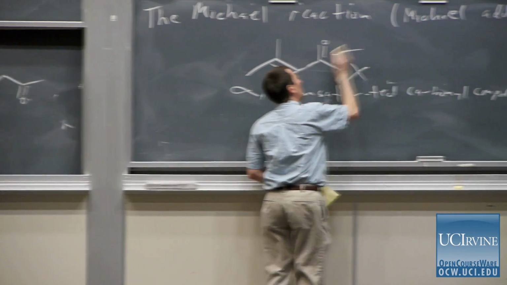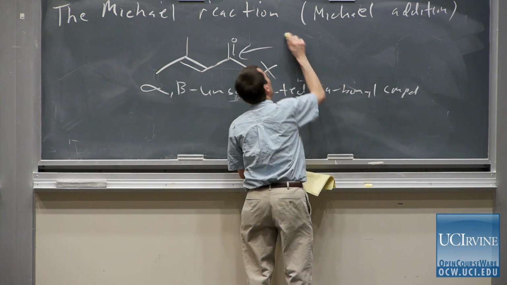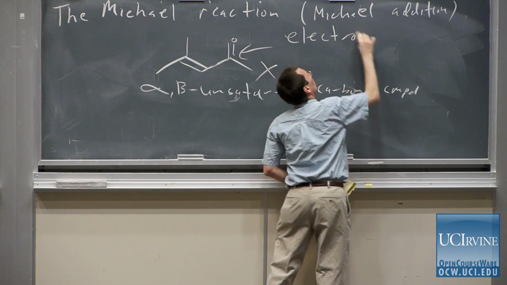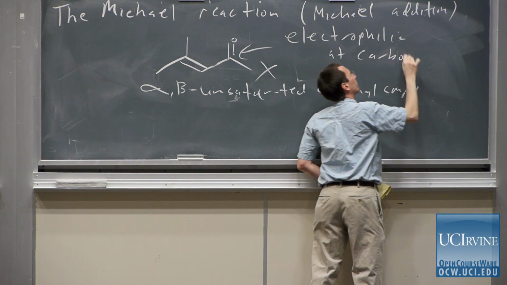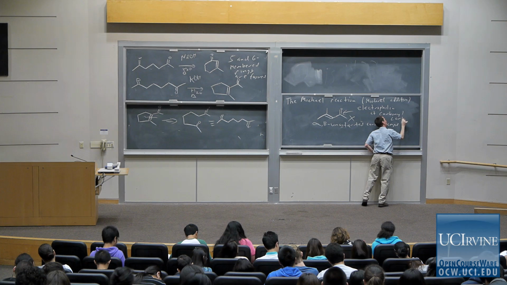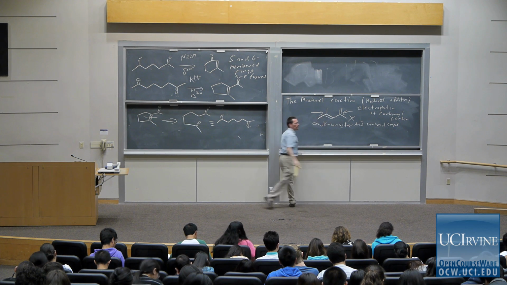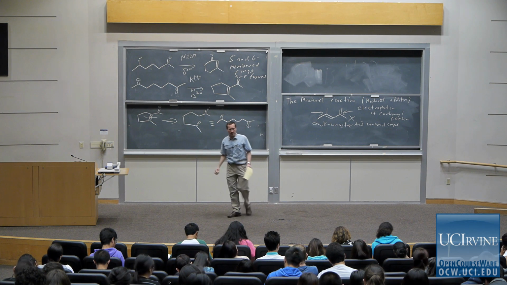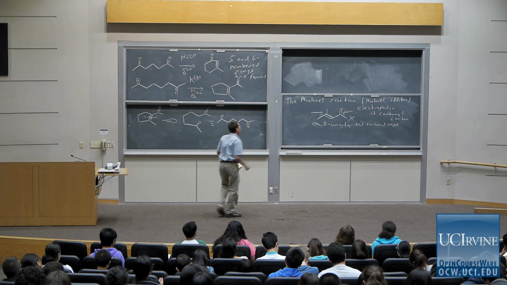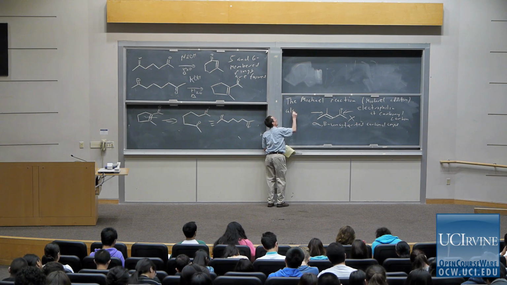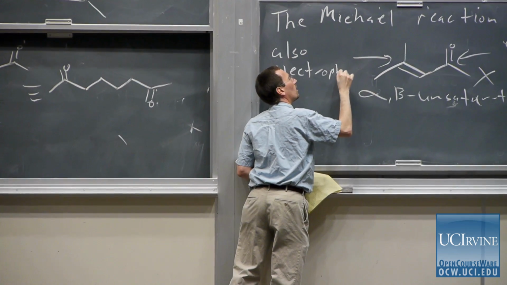The carbonyl, as we've learned with carbonyl compounds, is electrophilic at the carbonyl carbon. But, and you've seen this reactivity already in cuprate chemistry, it's also reactive at the beta carbon. In other words, it's also electrophilic.